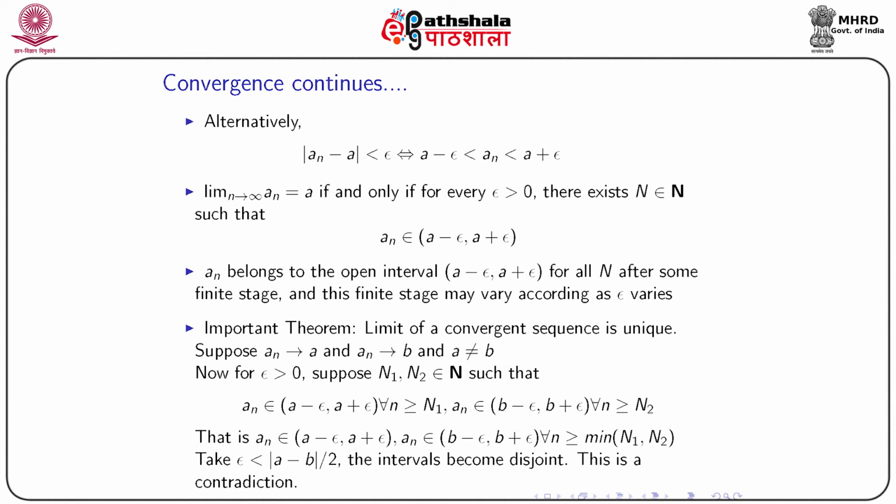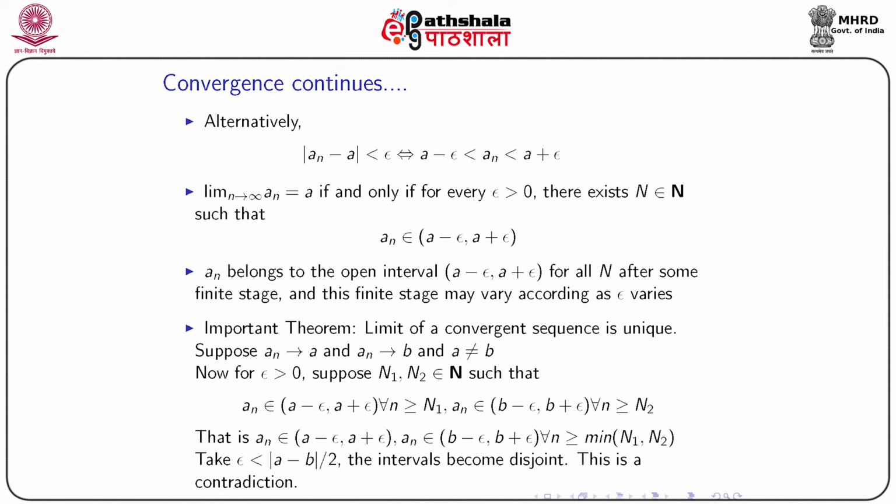So by the definition we already gave, an belongs to the open interval a minus epsilon to a plus epsilon for n greater than or equal to capital N1, as we are assuming that an is converging to a.